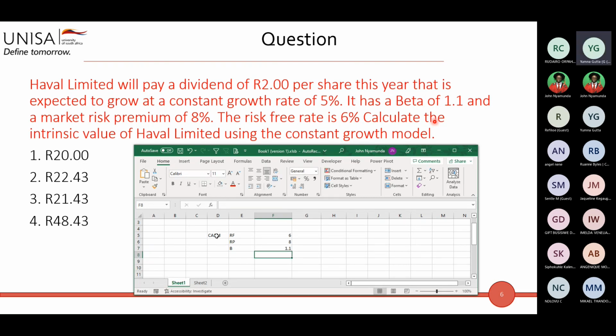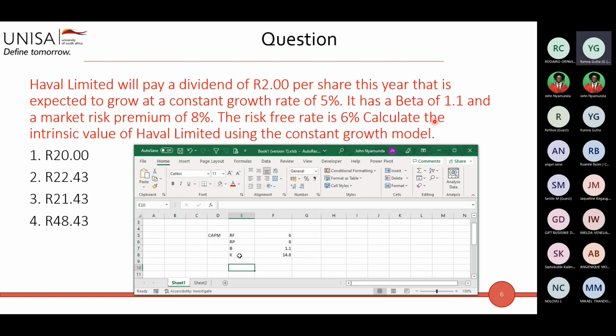So we say equals to the risk-free rate plus beta times the risk premium, which gives us 14.8. This is the required return, or let's say K, so that we are consistent.